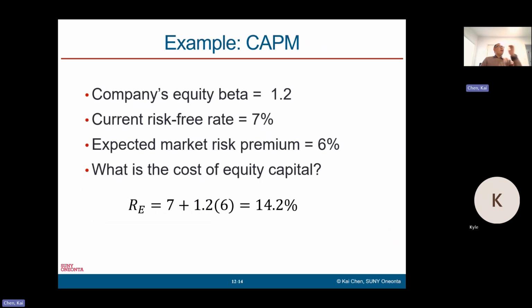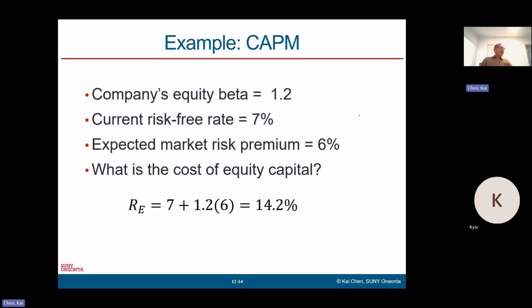Now let's look at an example. We know the company's equity beta is 1.2. What does 1.2 mean? That means this company's equity has a higher systematic risk than the market portfolio, right?